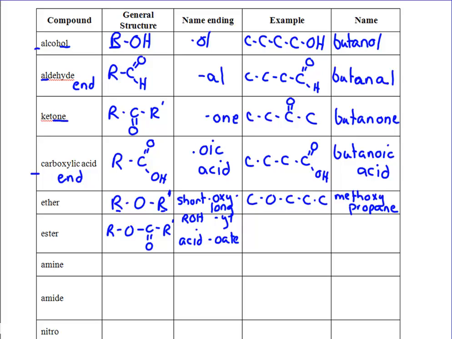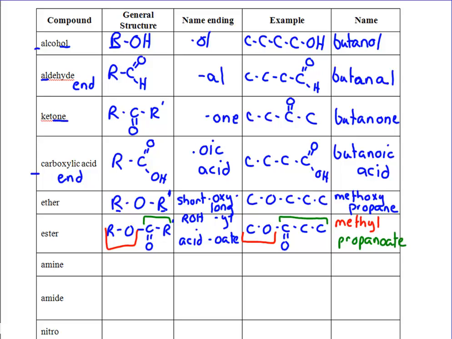So if I were to draw this out, and I'll make it similar to the ether, I have 1 carbon, oxygen, double bonded carbon, and the other 2. My alcohol portion is here, so that would be the YL ending, so I have methyl. And then my acid part is this end of the molecule, starting with the C double bond O, not including the single O in the chain. And that's 3 carbons, so that's propanoate. So this compound would be methylpropanoate.